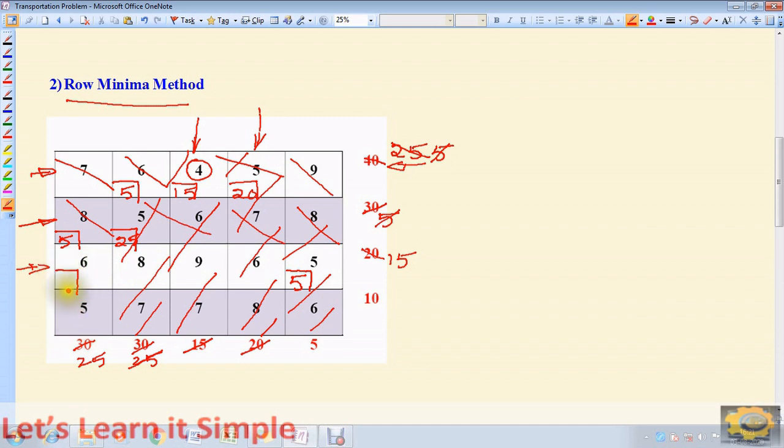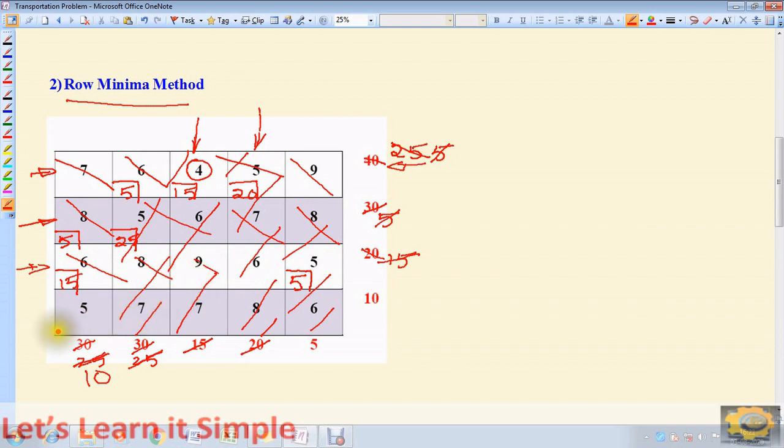If we compare the demand and supply along that cell, that is 15 in that column and 25 in the row, I can allocate 15 here, and after allocating 15 I am left with 10, and the 15 has been allocated fully, and this also vanishes. Now the entire row 3 vanishes.